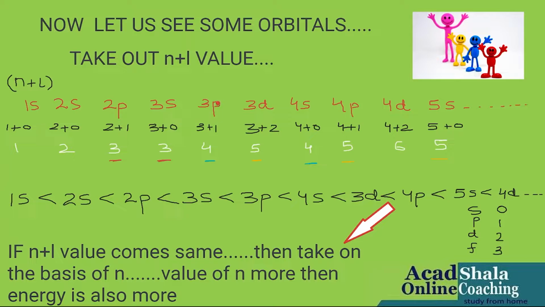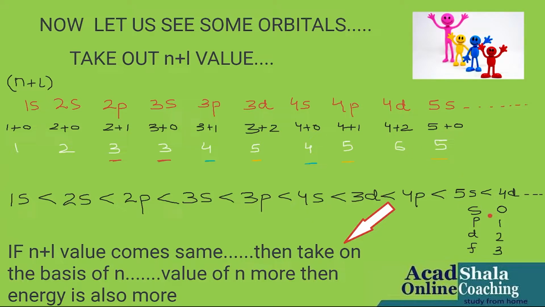Please concentrate on this, very important. We have to take out the N plus L value of these orbitals shown on the board. I've written some orbitals, and the rest you can practice afterwards. So let us go for it.